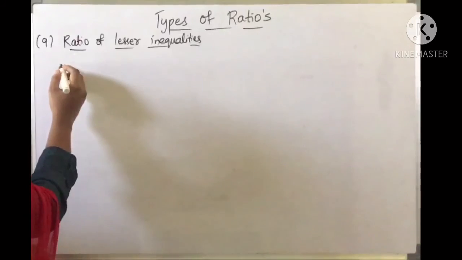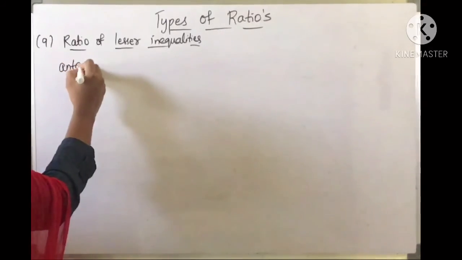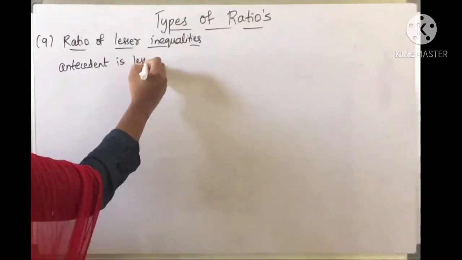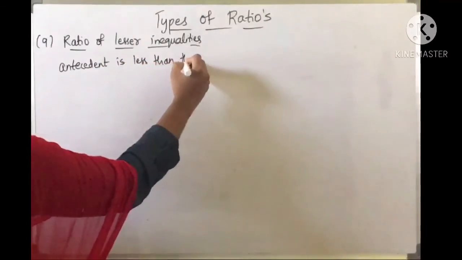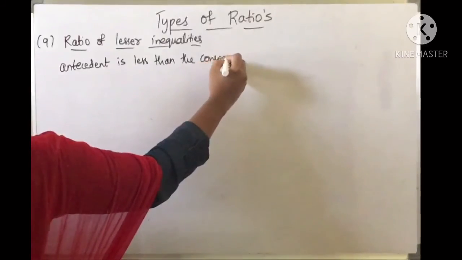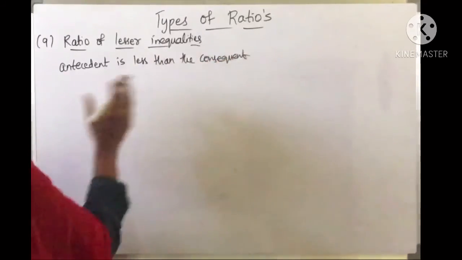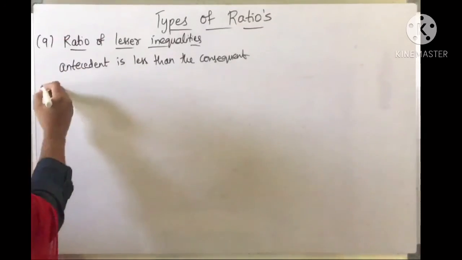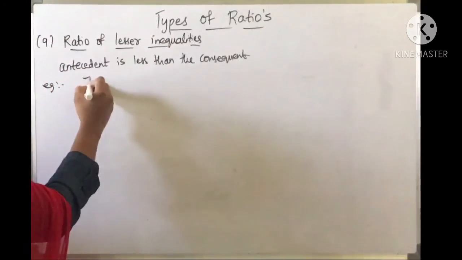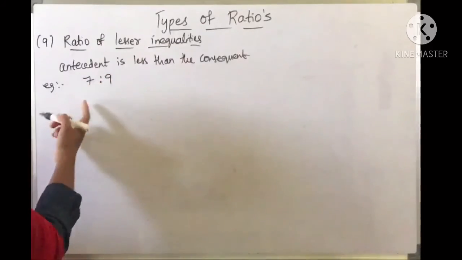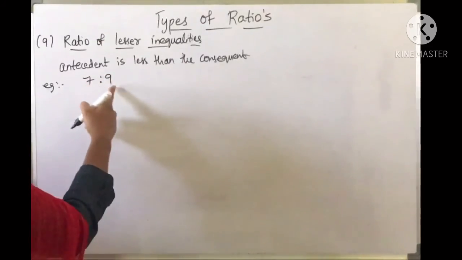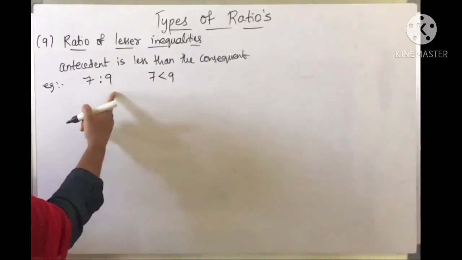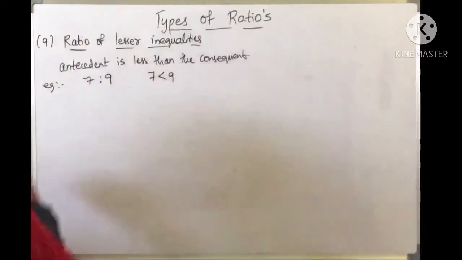For a ratio, if the antecedent is less than the consequent, the first term is less than the second term, then the ratio is called the ratio of lesser inequality. For example, if I take 7:9, here 7 is the antecedent and 9 is the consequent. Here 7 is less than 9. So this type of ratio is nothing but ratio of lesser inequalities.